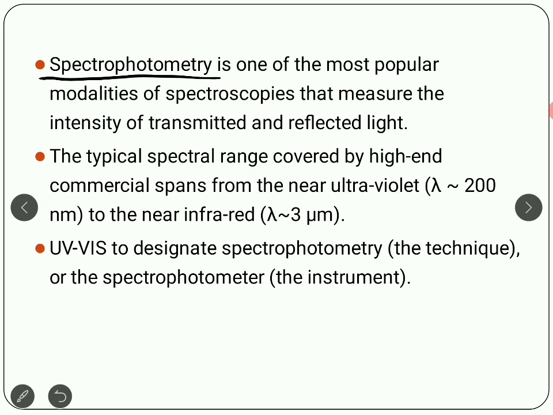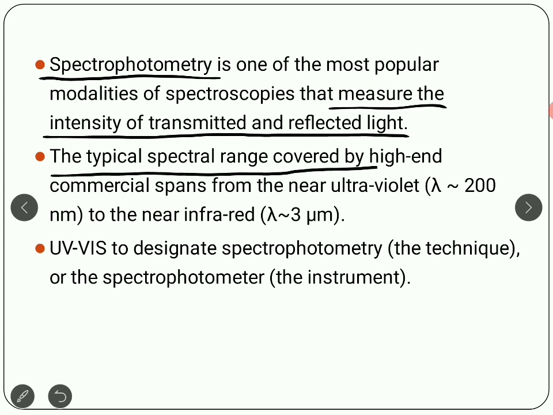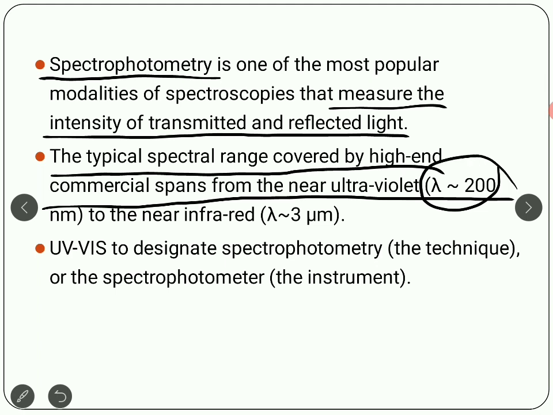And then basically it measures the intensity of the transmitted and the reflected light. If you look into a typical spectral range covered by a high-end commercial device, it will basically range from the ultraviolet region, that means around 200 nanometer, to the near infrared region, that is up to 3 micrometer.